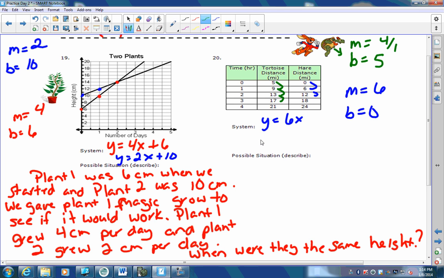The tortoise, y equals 4x plus 5. Now, the solution is not given here on the table, but you could put this in the calculator and find out what the solution was. But they want you to write a situation that could describe this table and these equations. And that's what they're asking you to do.